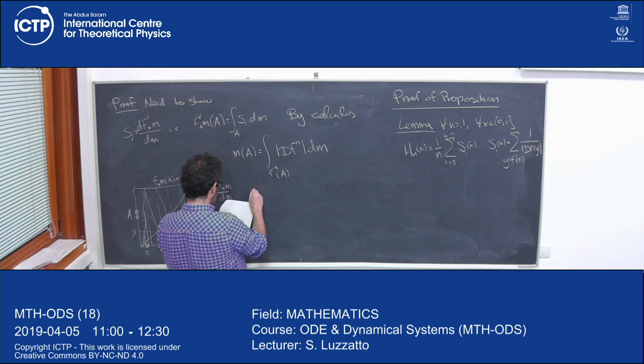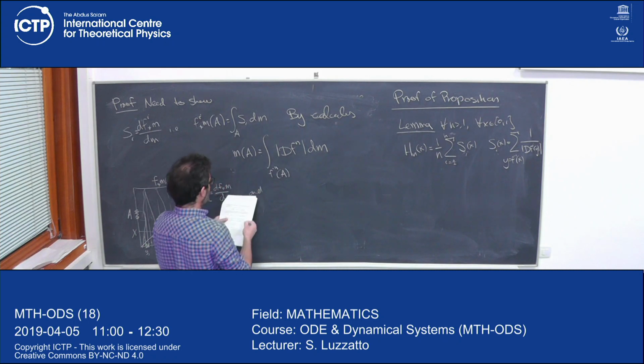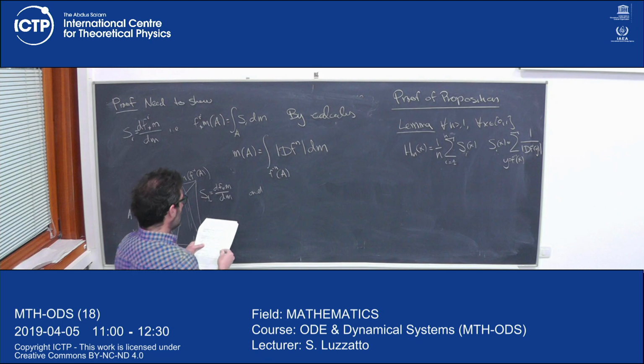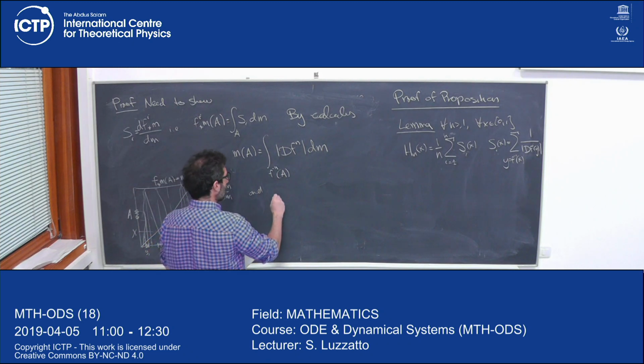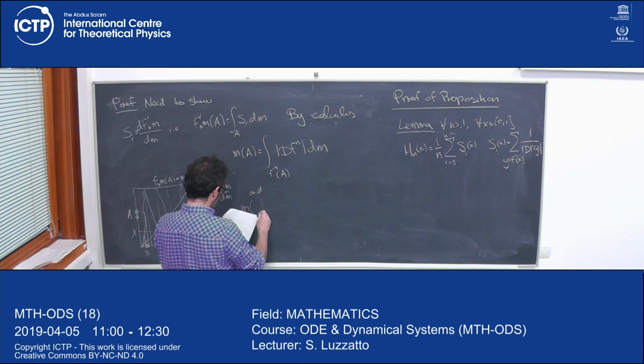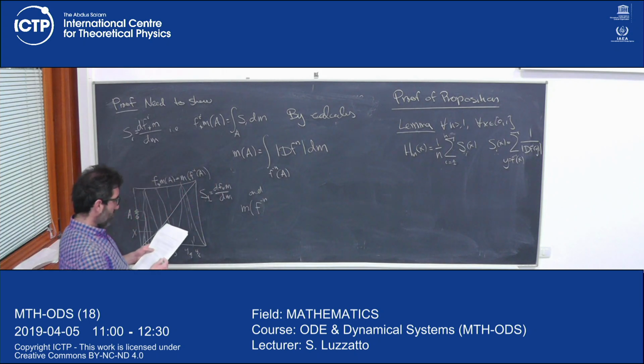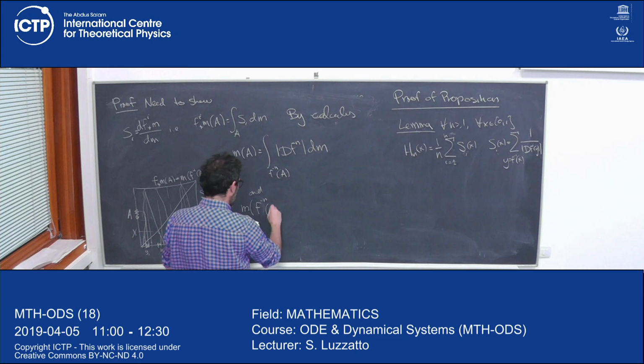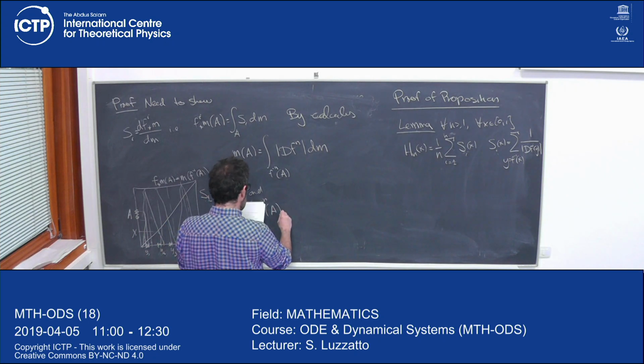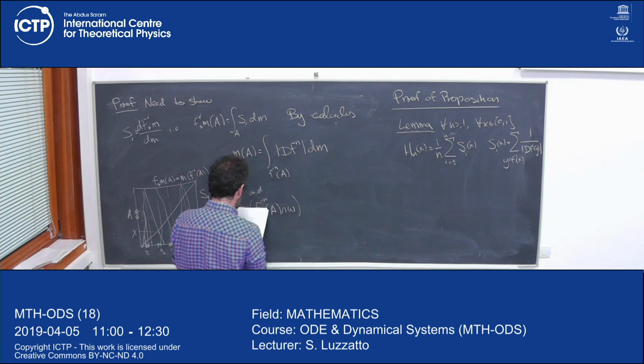So I'm just writing two preliminary equalities, and the measure of f minus n of A intersection omega.